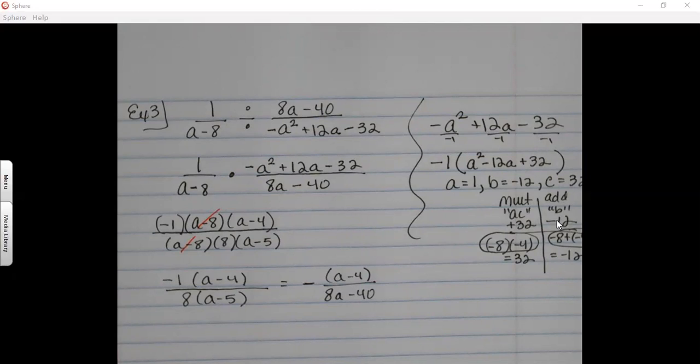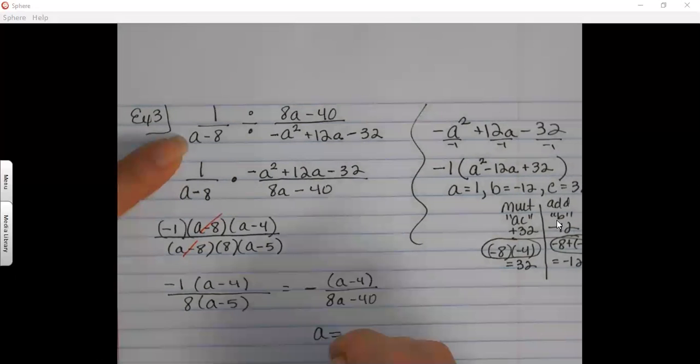All right, so let's think about our restrictions. From the original problem, a minus 8 is in the denominator, so we know a cannot be what? 8. The negative a squared plus 12a minus 32 was in the denominator originally. It moved to the numerator, but it factored out as negative 1 times a minus 8 times a minus 4.